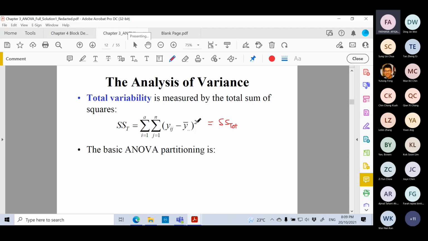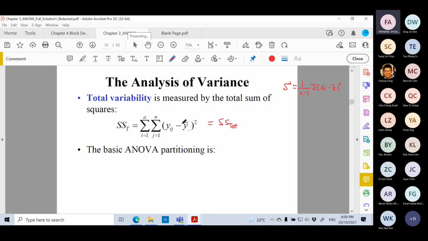If you can recall the formula for variance: if you have a single sample, then S square is your variance. The unbiased sample variance is divided by n minus 1, with the summation of xi minus x bar, squared. It means you use all the observations minus the mean, squared. So this is called the variance.